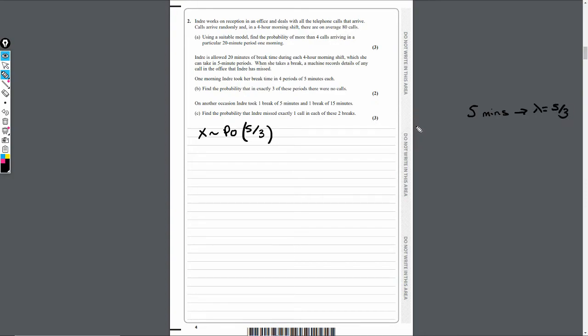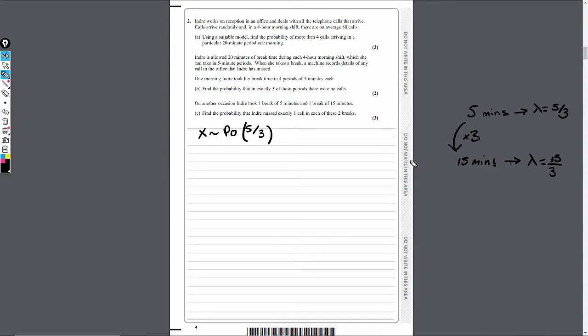So how do we get 15 minutes? Well, I can just times this by 3, right? So therefore, lambda for 15 minutes is going to be this times 3. Okay.